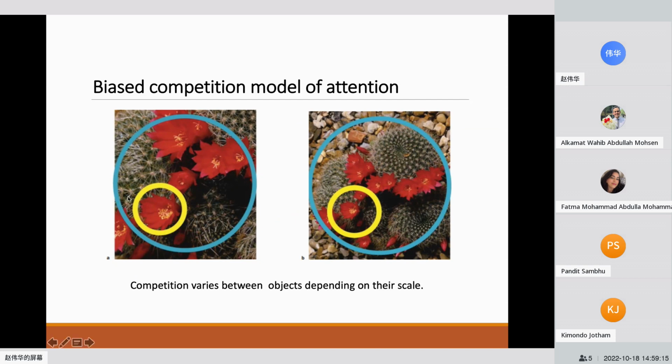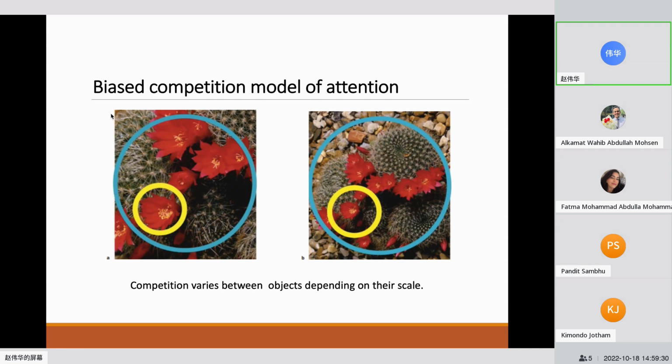So from figure A, we viewed from up close, so a single flower may occupy all of the receptive field of a V4 neuron.